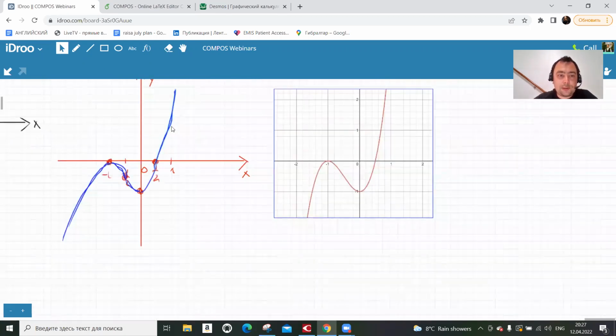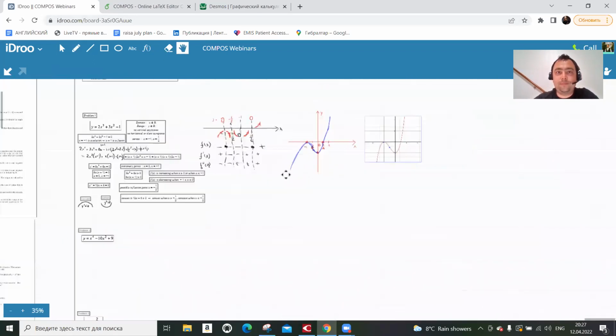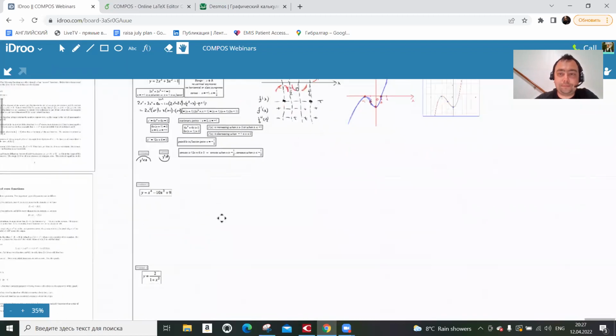You can see this is quite accurate. We got the point of inflection correct. The point of inflection is indeed minus half here. And then we got the extreme points. Right. Any questions?